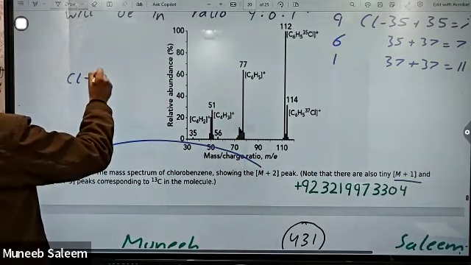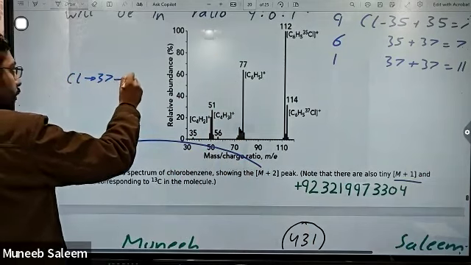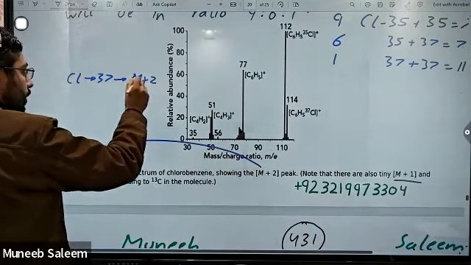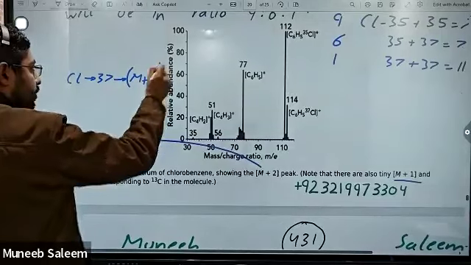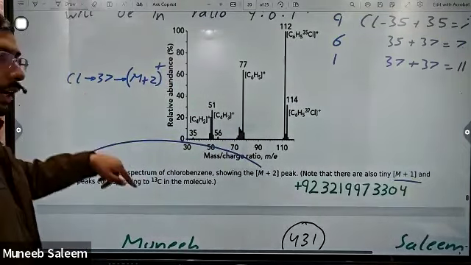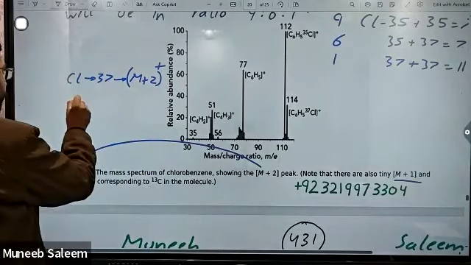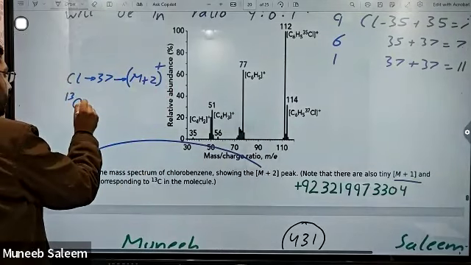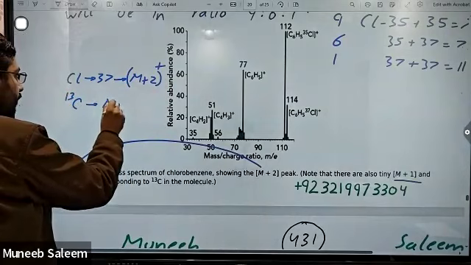If it is chlorine 37, then the peak will be M+2 definitely. So it will produce an M+2 peak. But within that, if you add an isotope of carbon to be 13 instead of 12, it will give you an M+1 peak.